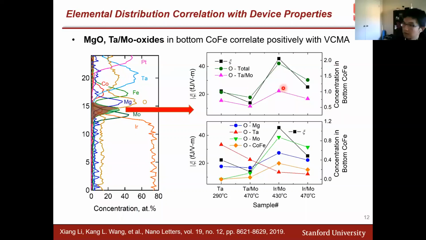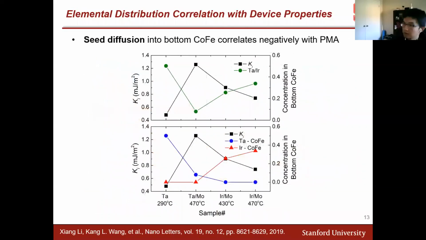Similarly, we can also characterize the PMA, the other parameter I first introduced. If we calculate the diffusion of tantalum, which is the seed, into the bottom iron, this actually correlates negatively with PMA very well.